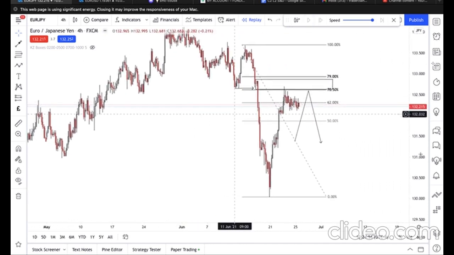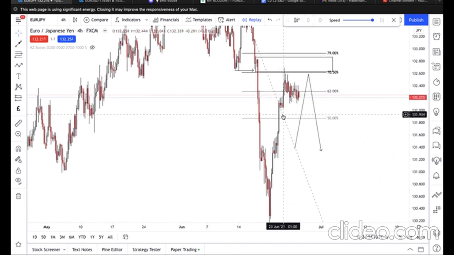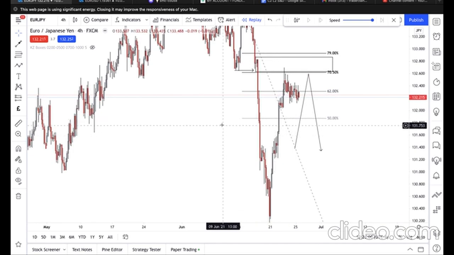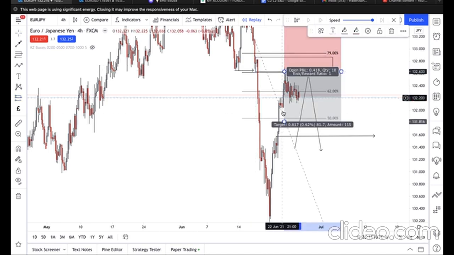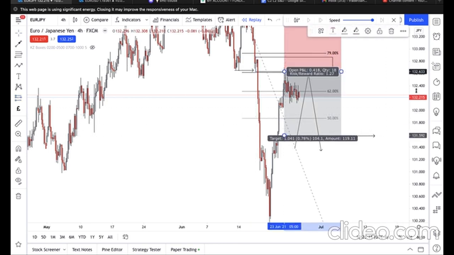And I'll potentially be looking to target this area of imbalance right over here, this whole area here. Entry there with our TP down here.